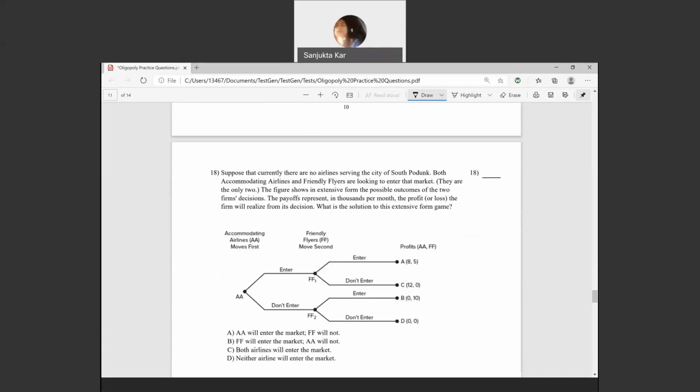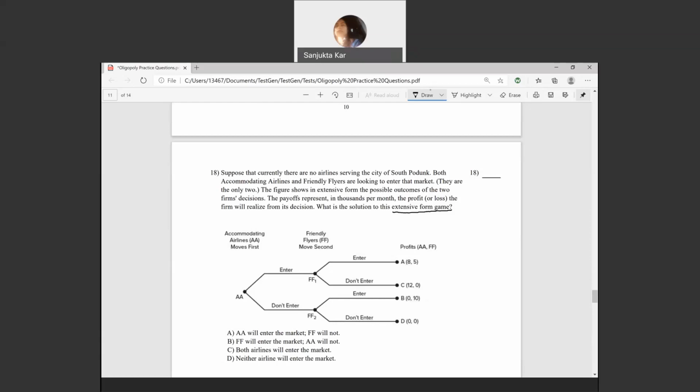All right, so here we have some sequential form games, or an extensive form game here, where we need to solve this game using backward induction. Let me read this question.